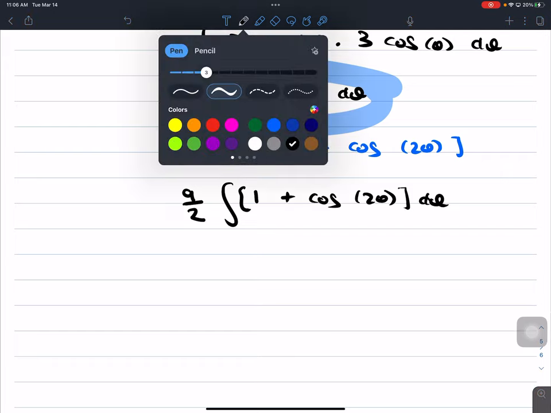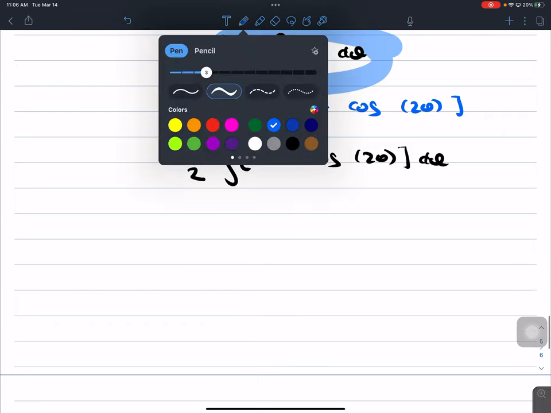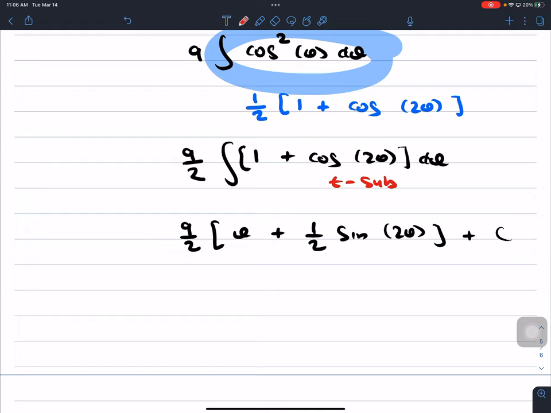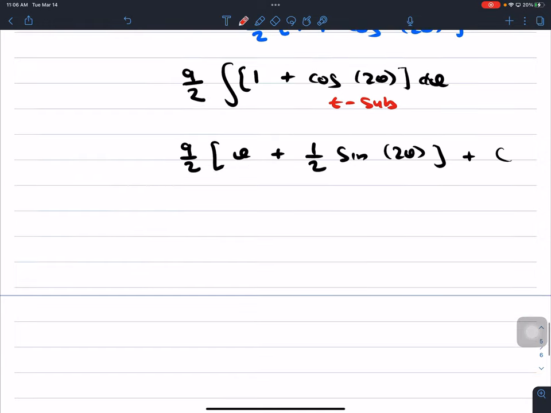What do you get when you integrate this? 9/2 theta plus 1/2 sine double theta plus c. If I wanted to put some notes, I would say you're going to use the power reducing identity for that integral. Distribute the 9/2: we have 9/2 theta plus 9/4 sine double theta plus c.